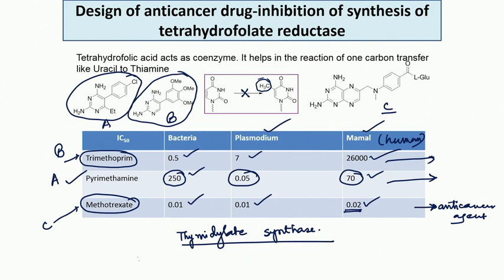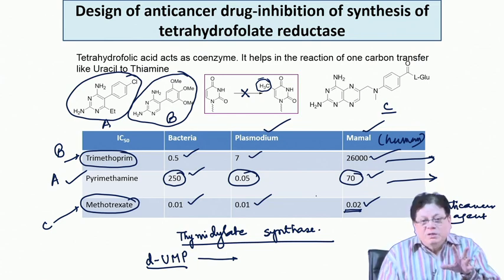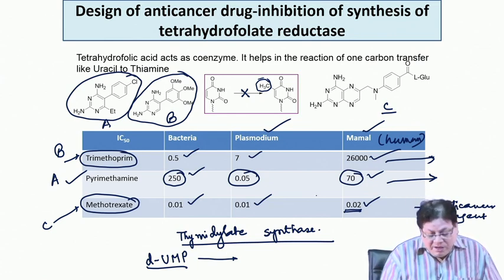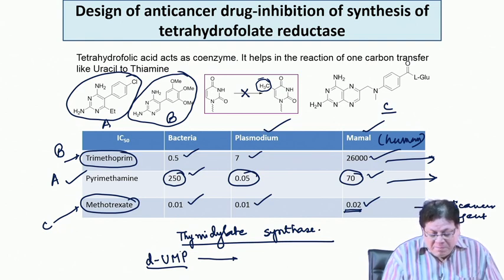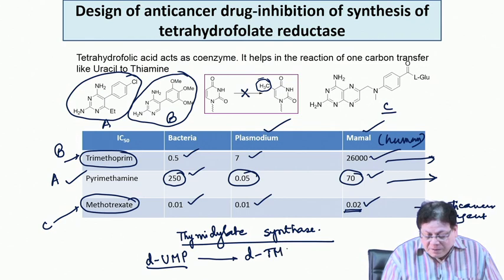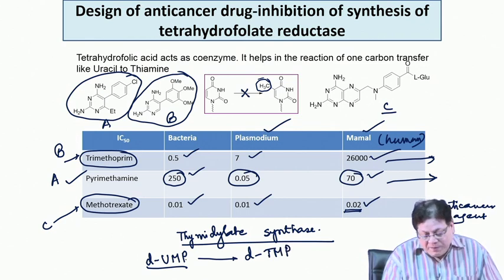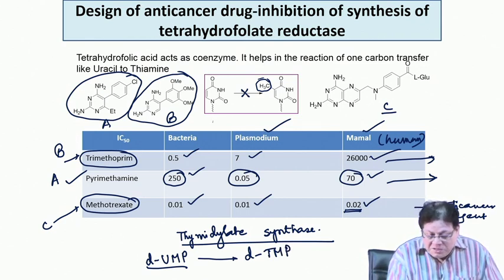This conversion is basically what you are having from uridine monophosphate to thymidine monophosphate. This can also be abbreviated as dUMP, deoxy. The one I did not mention is the deoxy, because this is the sugar with the 2' oxygen not there. So, dUMP conversion to dTMP, deoxyuridine monophosphate, and remember this is deoxyuridine.